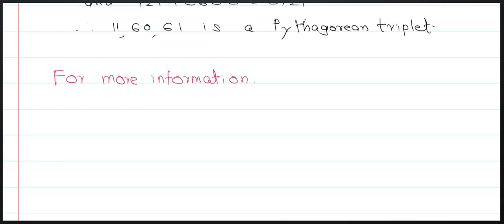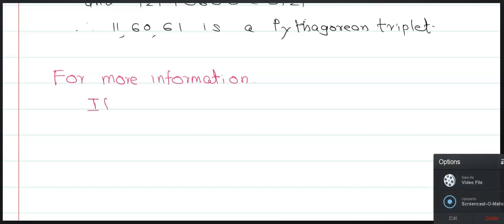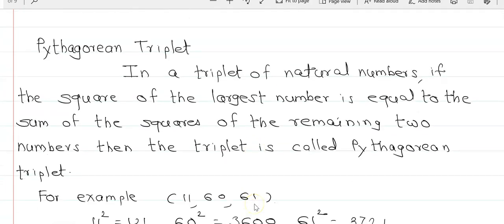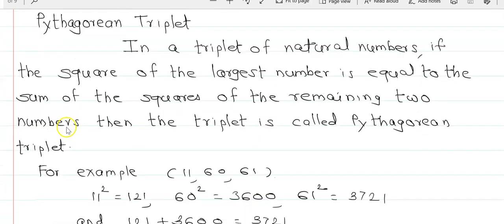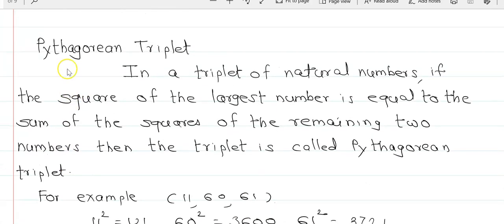For more information, again you can see this here. The Pythagorean triplet means what I have written on the board. In a triplet of natural numbers, if the square of the largest number is equal to the sum of the squares of the remaining two numbers, then the triplet is called the Pythagorean triplet.